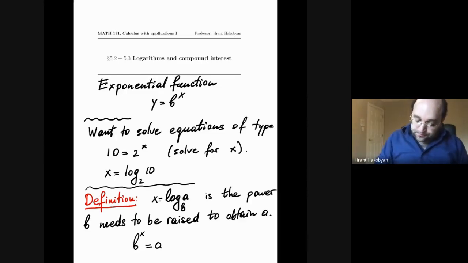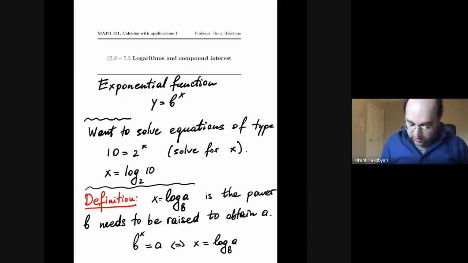So that's the same thing as saying that x is equal to the logarithm of a with base b. Those two things are the same thing, just different ways of writing it.